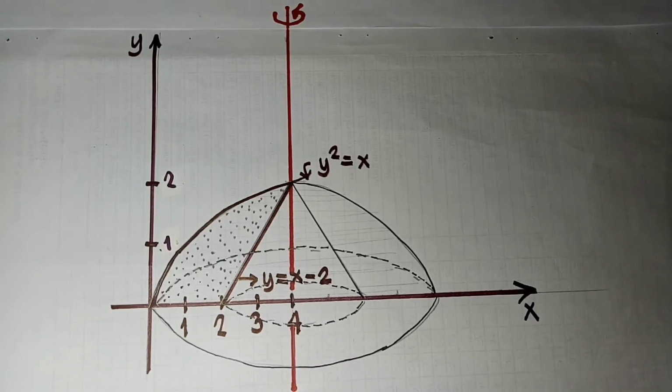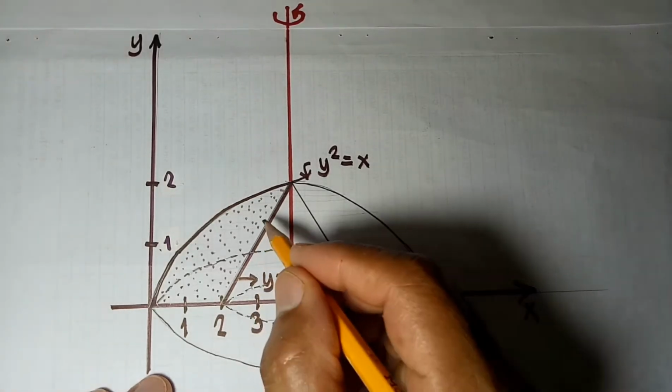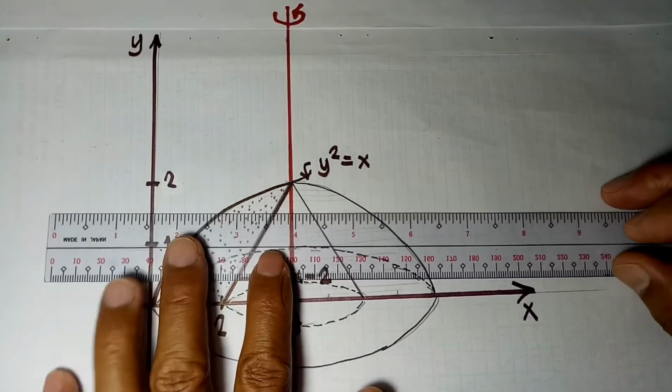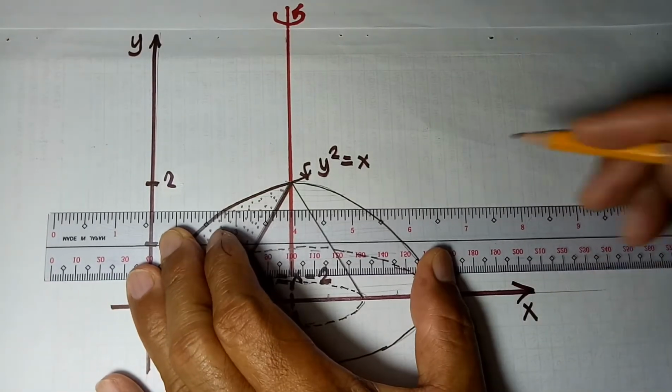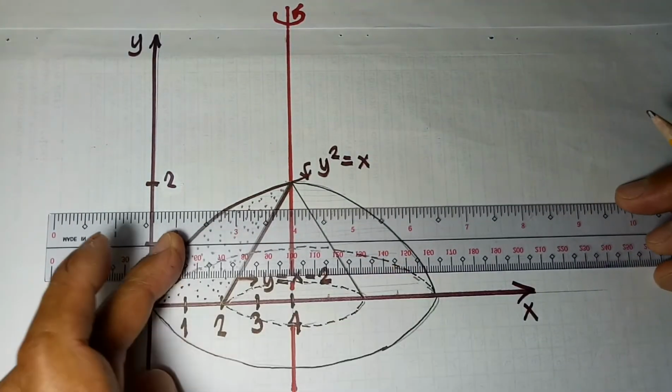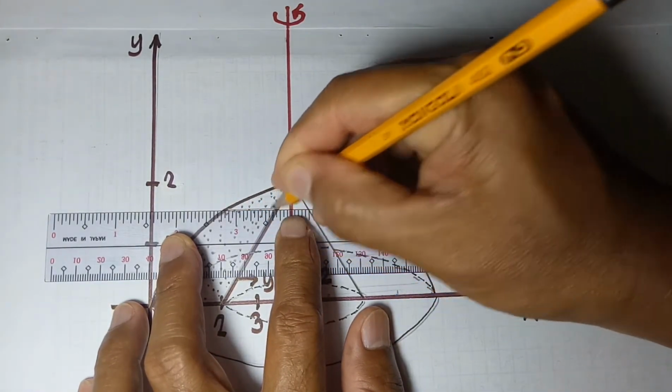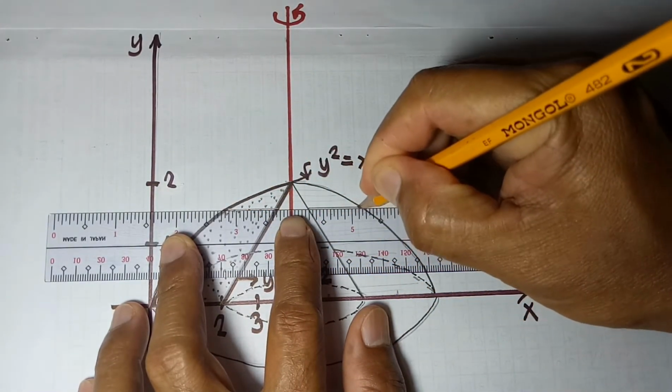So let us draw one representative circular washer, no? So mag-drawing tayo dito sa may bandang dulo. So dito, buhay tayo rito ang isang circular washer.